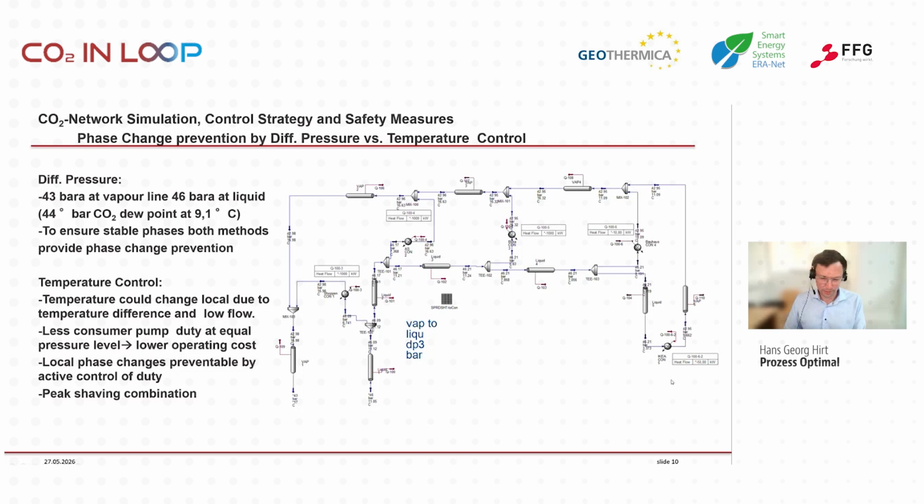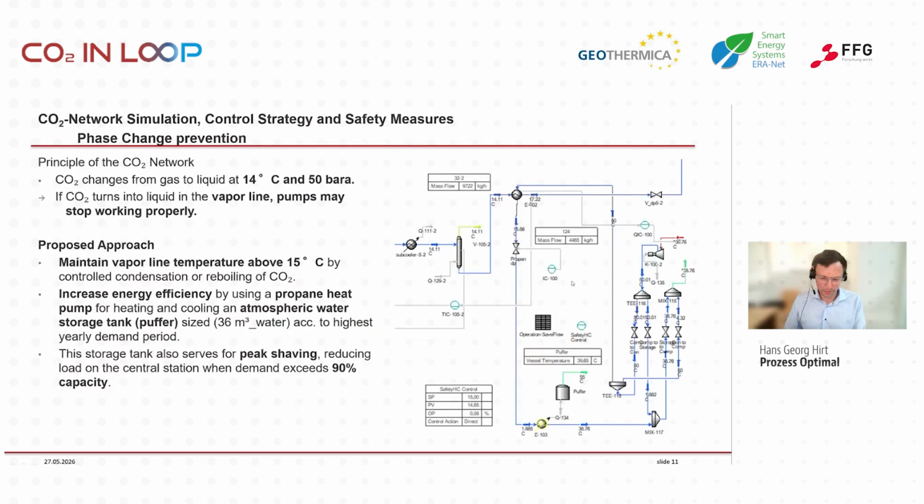So if the last consumer is in need of more energy or less energy to keep the phases in shape, you can control this actively as network provider, and you're not in charge of the consumers. So we added this phase change prevention consumer, as I said, another consumer at the end of the network.